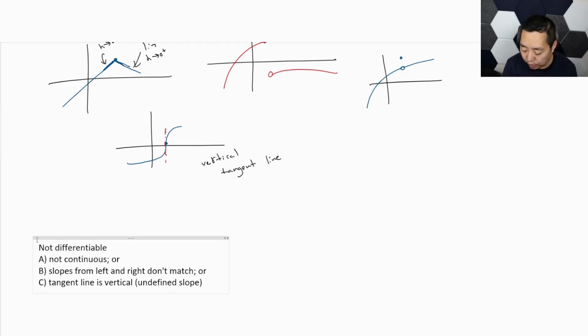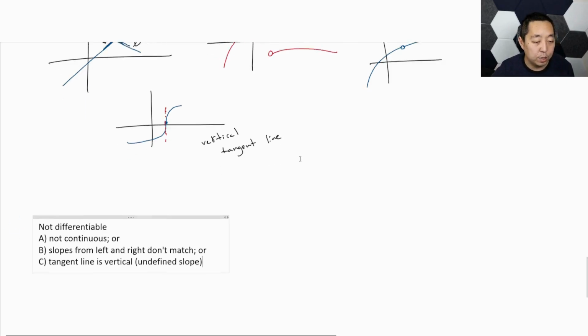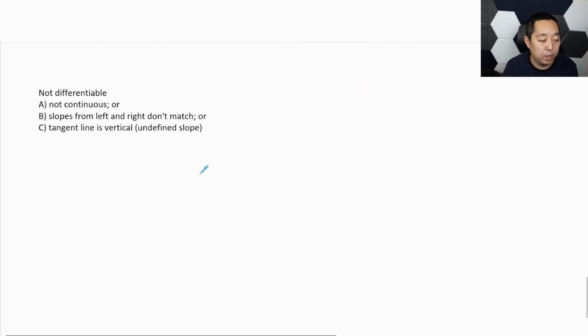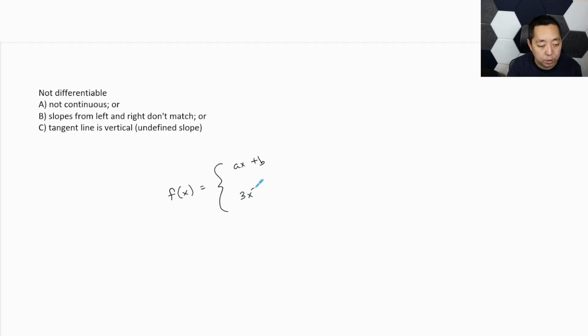Now, in a very particular case, sometimes you get problems for differentiability where you have a function where, from the left and the right, you want to show that it is both continuous and differentiable. So it might look like this, a piecewise function: ax plus b for x less than or equal to 1, and 3x squared plus 4 for x greater than 1.